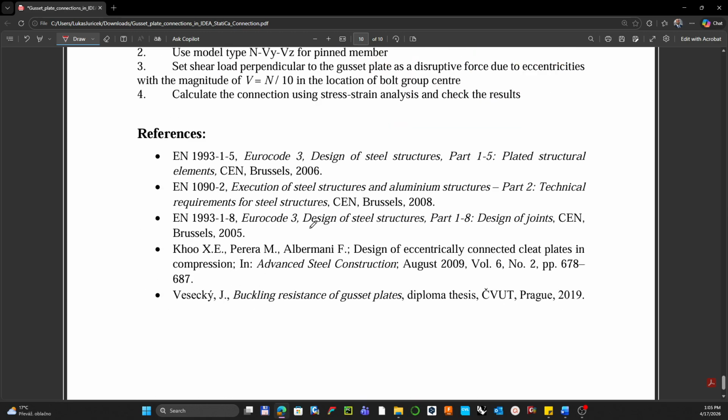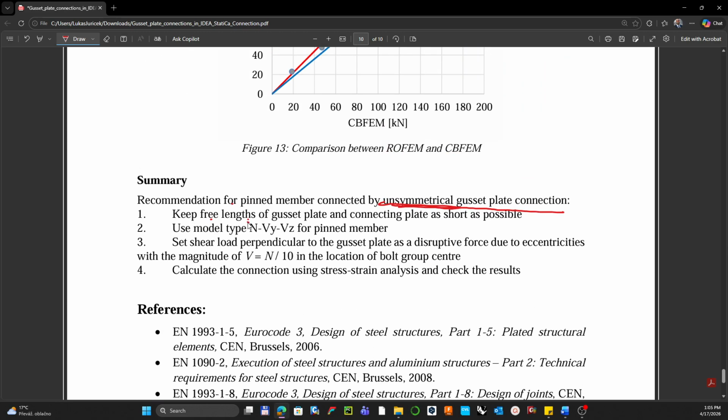Once we are heading to the model type, again, stay with the NVY reset and restrain all the rotation.